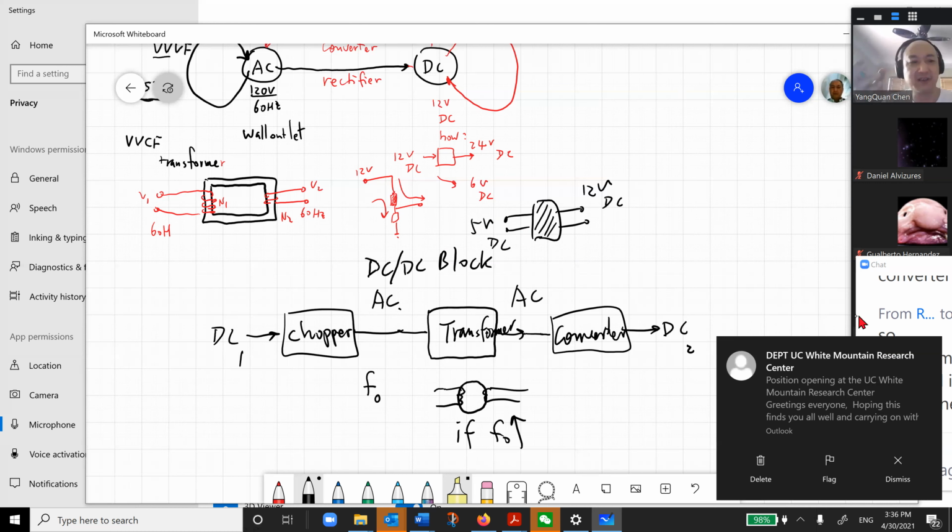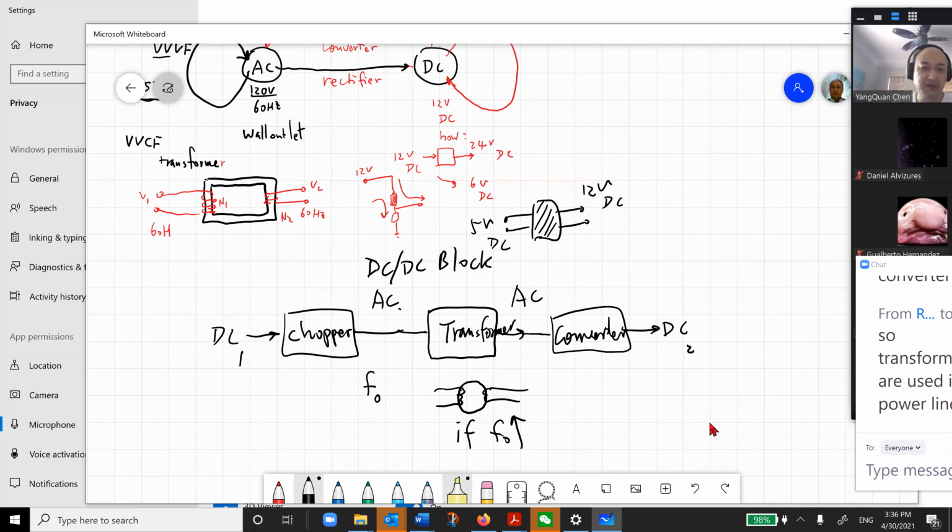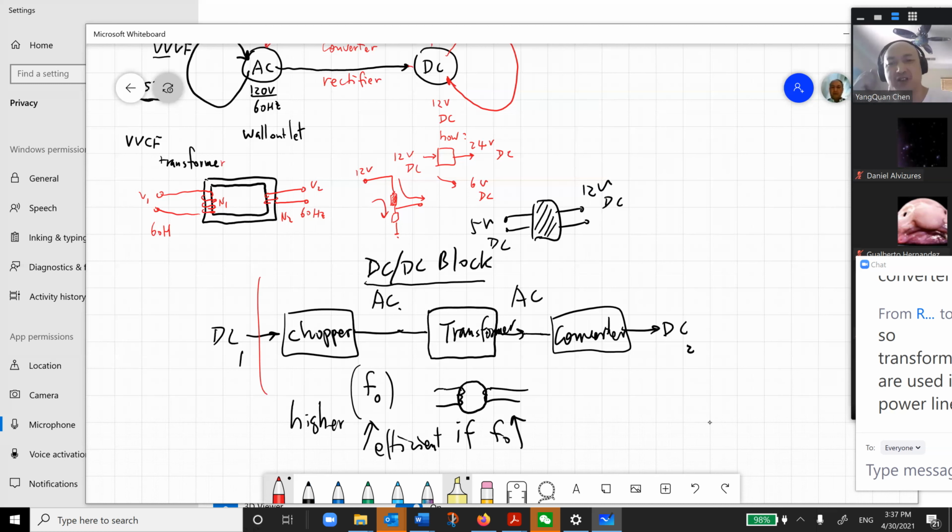If F0 is low, then you need a big transformer, but it's a smaller transformer if your F is high. So when you buy the AC/DC block, you need to check what the chopping frequency is. The higher the frequency, the more expensive and also the more efficient, so the power loss in between is smaller. Yeah, this is your box in here.